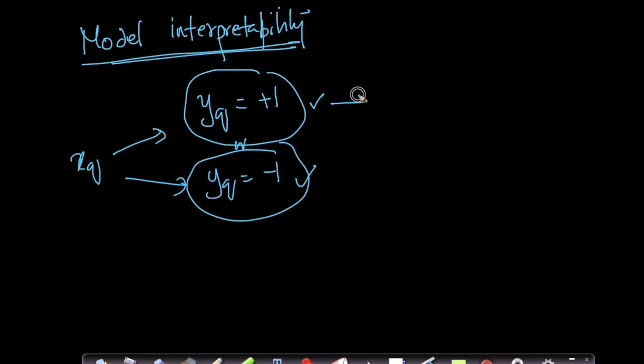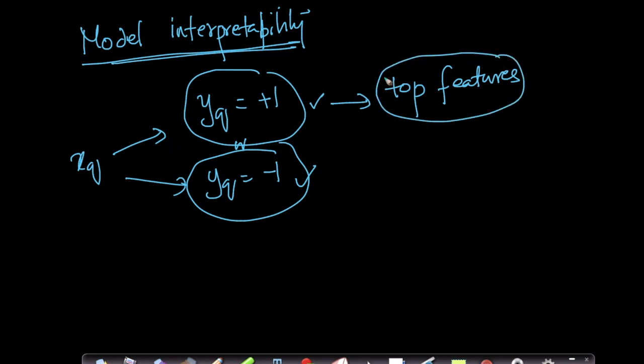In addition to this, I can just look at the weights. I can look at the top weights, the top features. How do I get the top features? By looking at the absolute value of the weights, right? I can say this person has a very large value of hair length, and the height is also typically shorter.